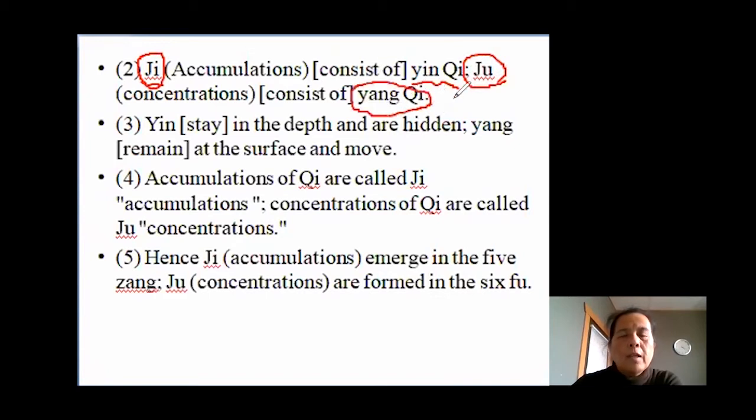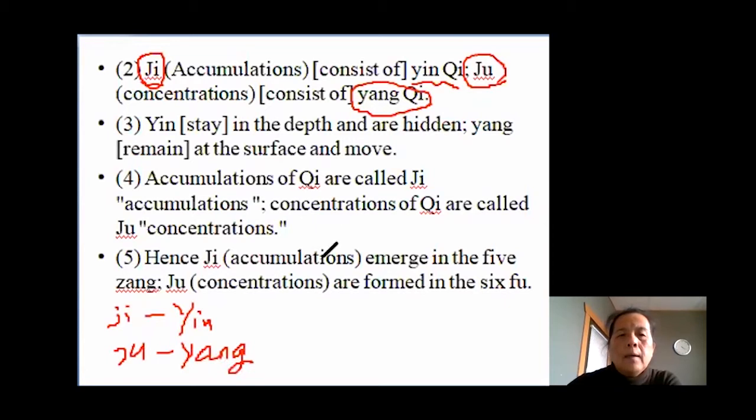So the first layer, we separate Ji and Ju with the yin yang aspect. Ji is yin illness, Ju is yang illness.